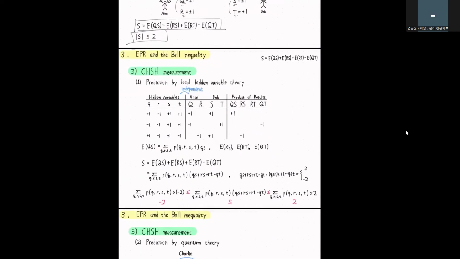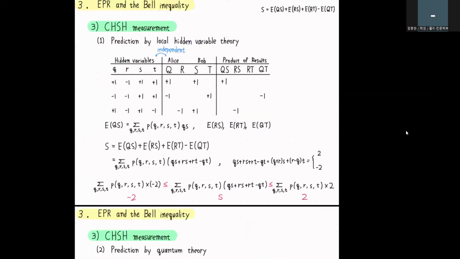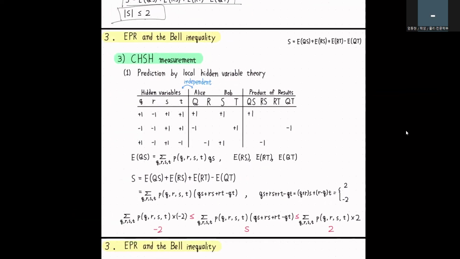And so let's suppose that we have hidden variables, which basically states that the measurements by Alice and Bob must be independent of each other. So let's suppose that Alice measures R to be -1, T to be 1, and of course RS would be -1, RT would be -1, QT would be 1, and so on and so on.